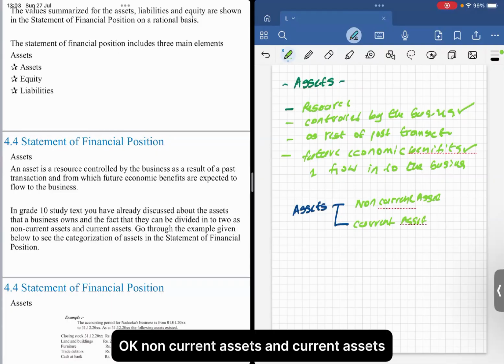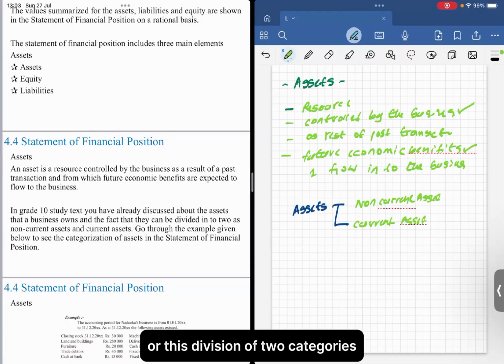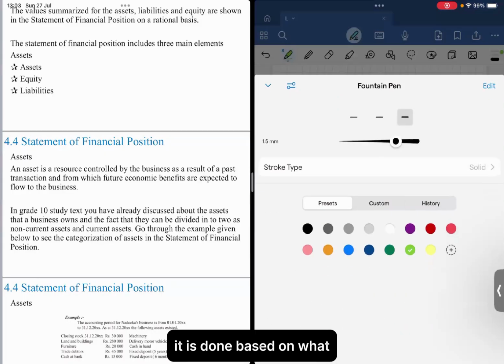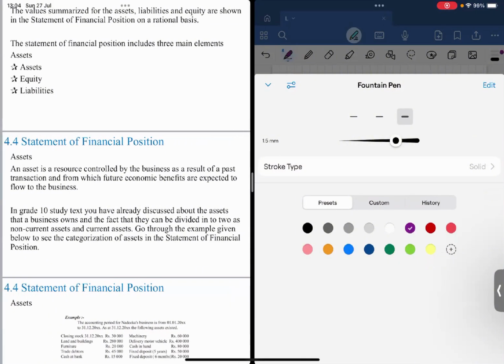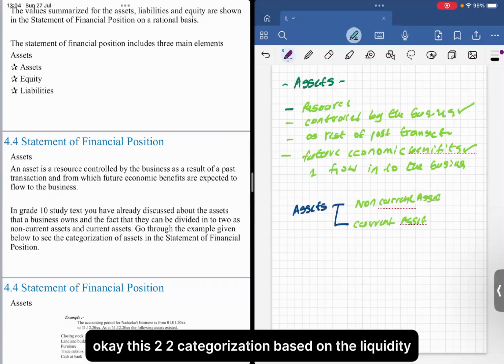This division into two categories is done based on the liquidity.